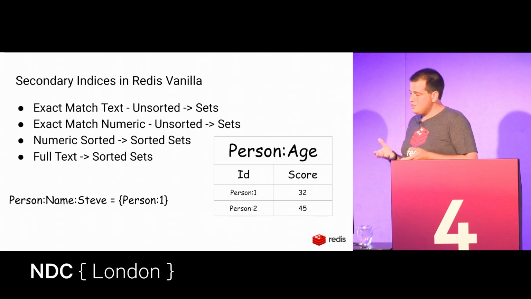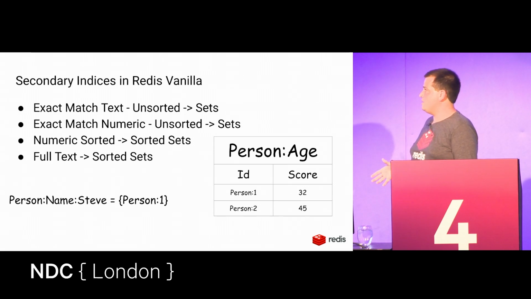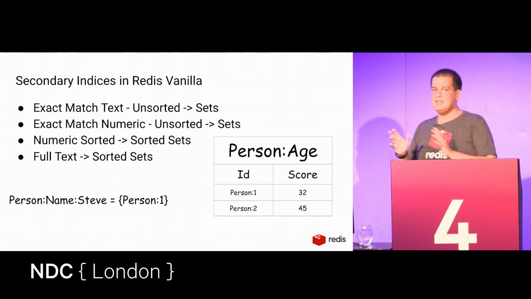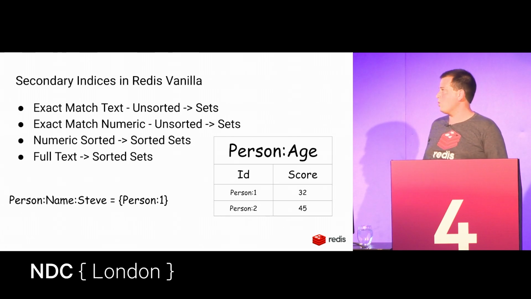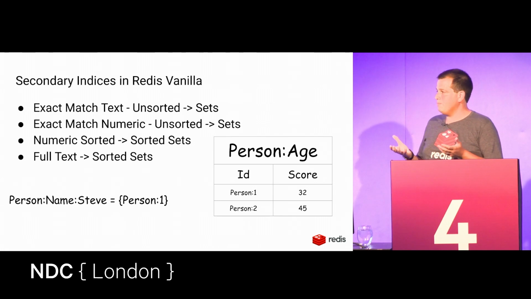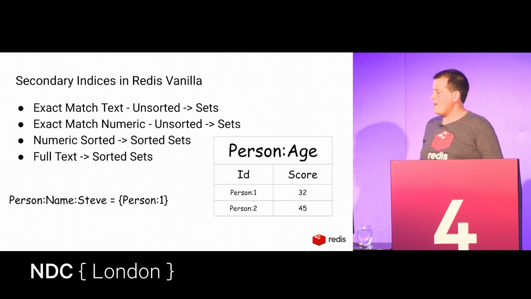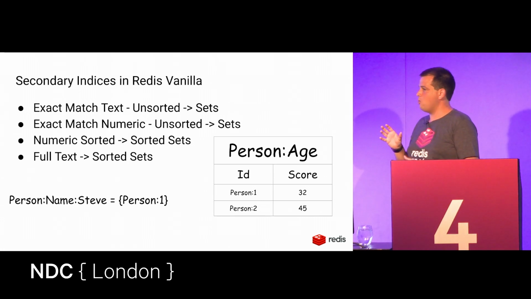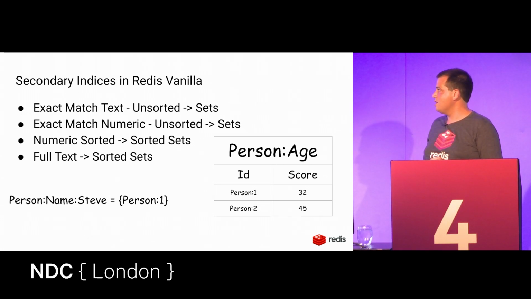Now, this is what secondary indices look like in any vanilla Redis instance that you might be working with. Basically, exact matches are either sorted or unsorted sets, if you want to do exact text matches. Exact numeric matches you can also do in sets. But if you want to sort things, or if you want to have any kind of order for things, you have to use sorted sets.